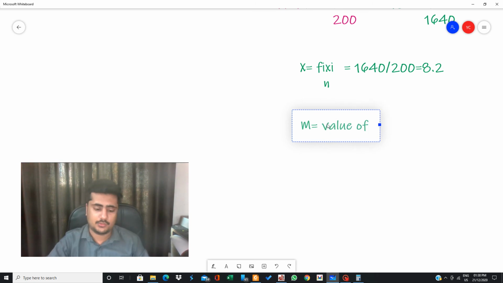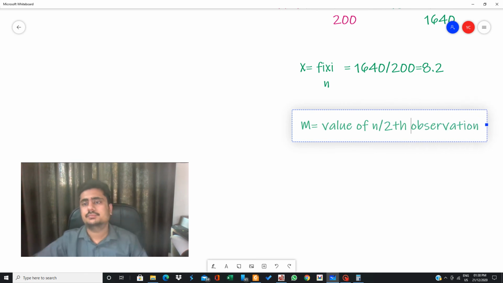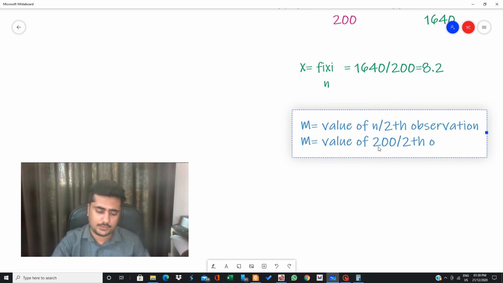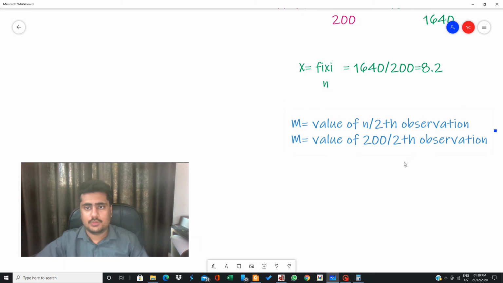So it's the value of n by 2 observation. Now what is n? The value of n is actually 200. So it's the value of 200 by 2 observation.